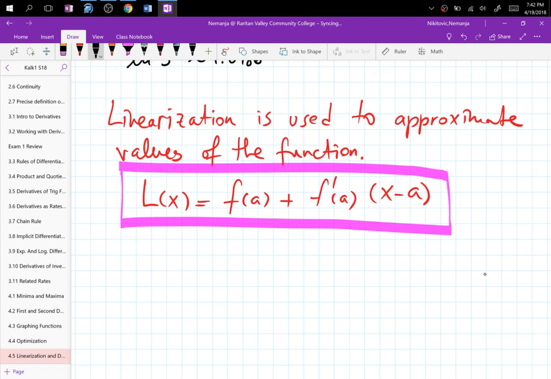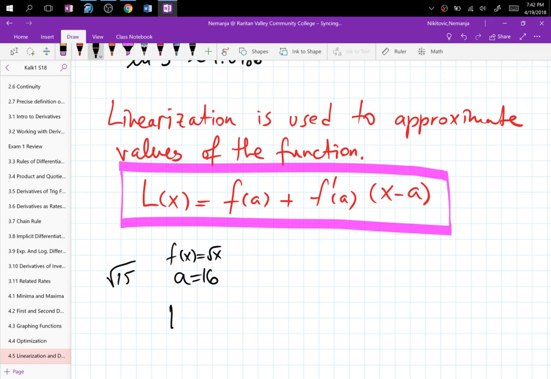So if I need to compute, let's do square root of 15 real quick. I will say this: a equals 16. That's the cool value that I can deal with. And f of x equals root x, that's given by what you're trying to do.